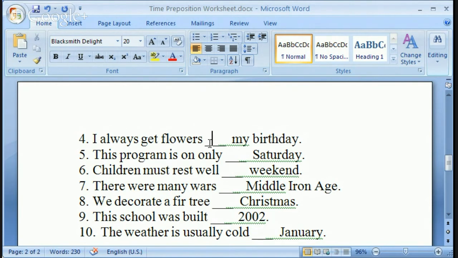Very good. Excellent. The meaning is slightly different. When you say on my birthday, you're just saying you get flowers at this time. When you say I always get flowers for my birthday, you're talking about the purpose. You get flowers, the purpose being that it's your birthday. For the use of celebrating your birthday. Good job.